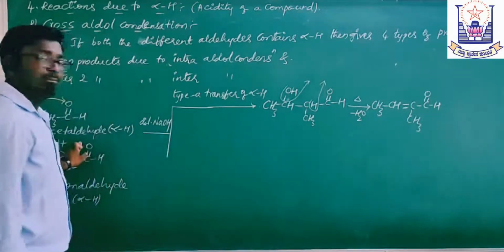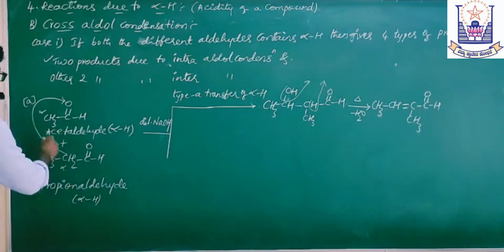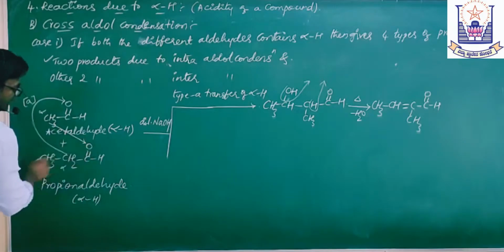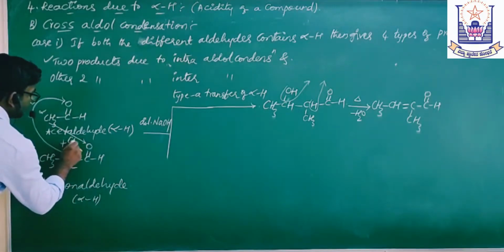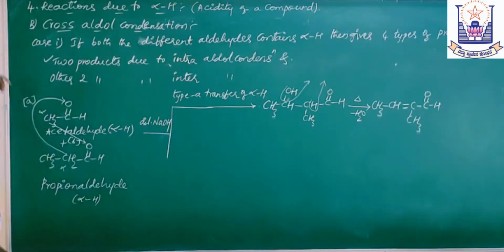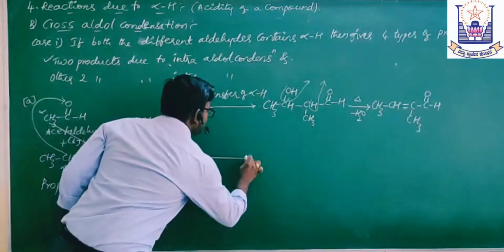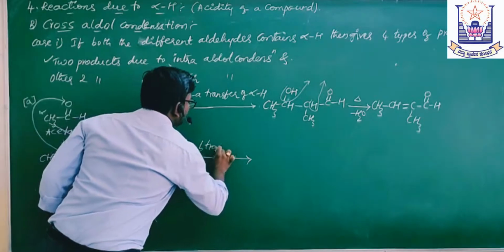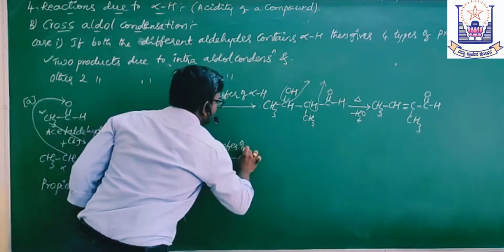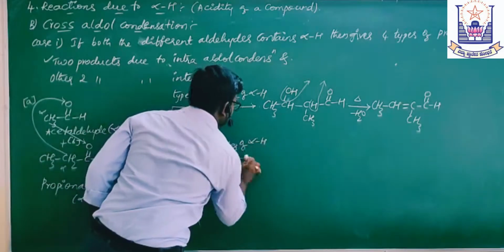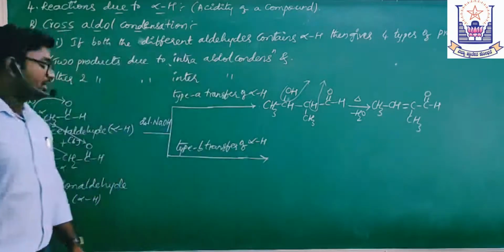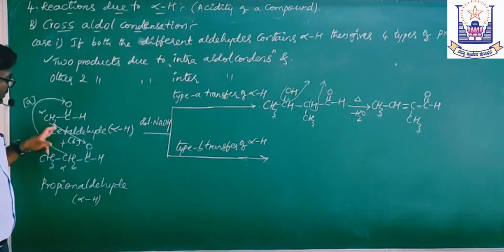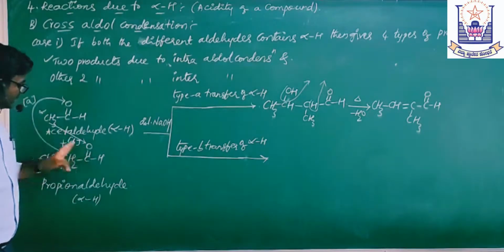Type B transfer. Type B transfer is transfer of the alpha hydrogen from here to this. This is called type B. That is, if alpha hydrogen is transferred from here to here, this will be as it is.